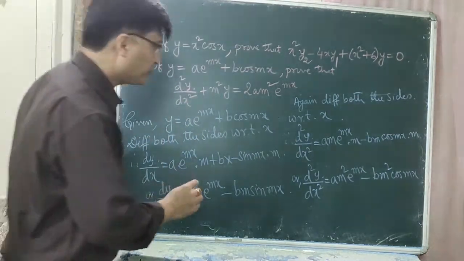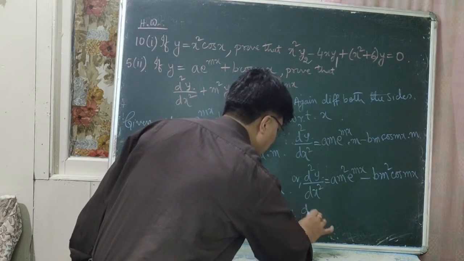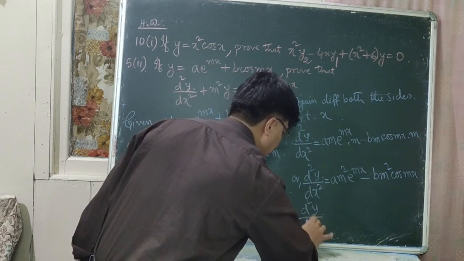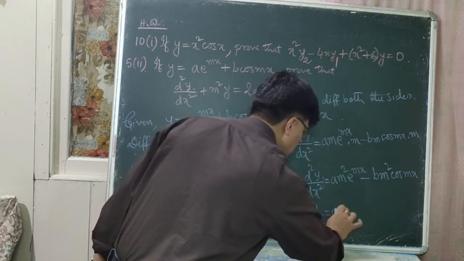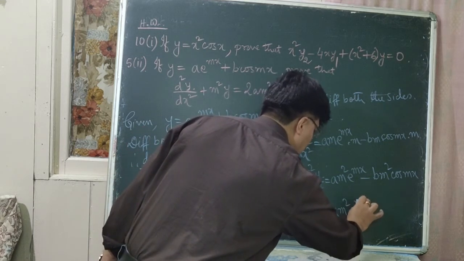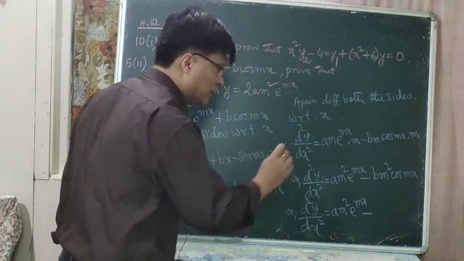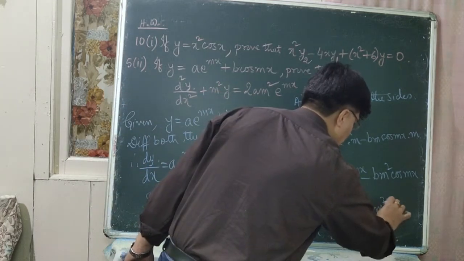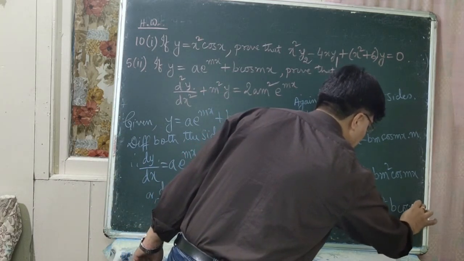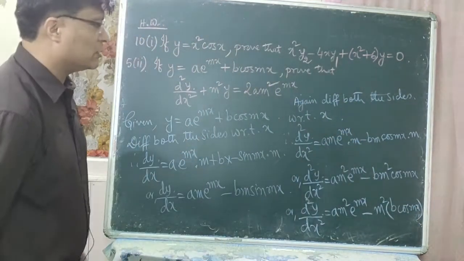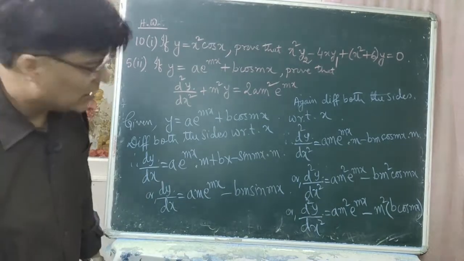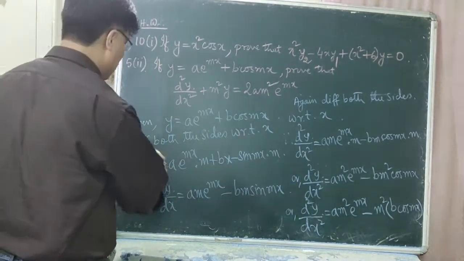Is that clear? So let us write here d2y by dx square is equal to am square e to the power mx minus m square b cos mx. Let us put this b cos mx within bracket. Now put the value for b cos mx.